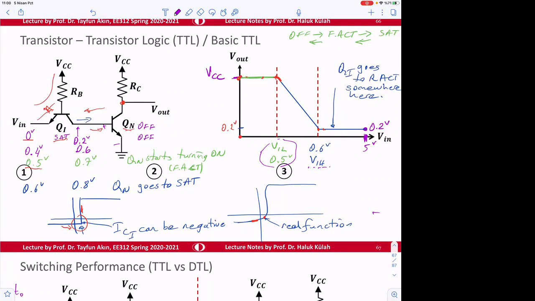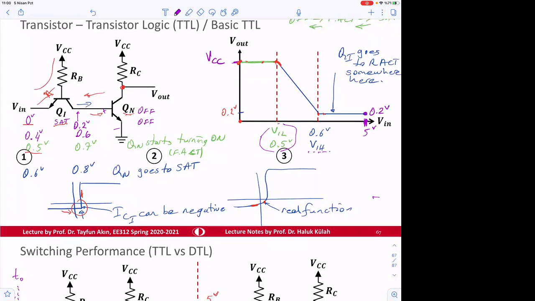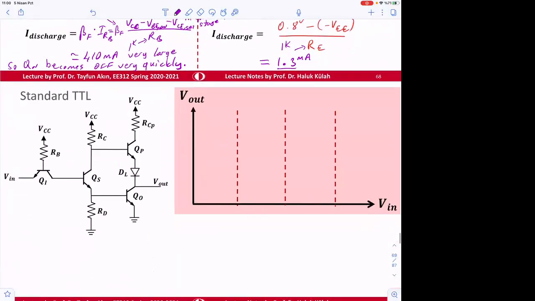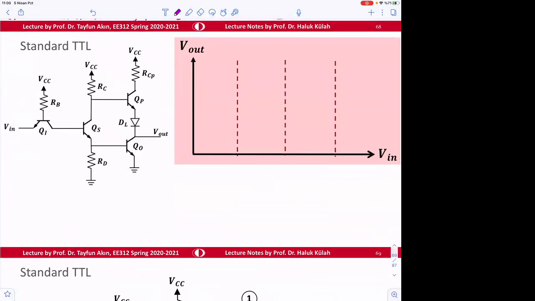So it is better to put maybe one more stage between that input and output, and then therefore we can make this performance even better. So in order to achieve that, people came up with such a structure.